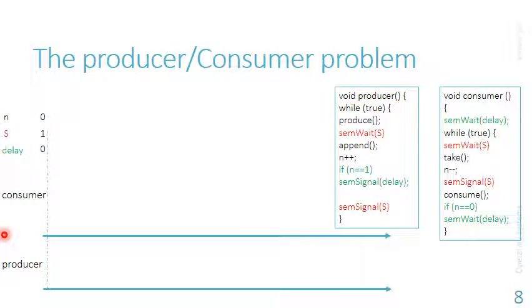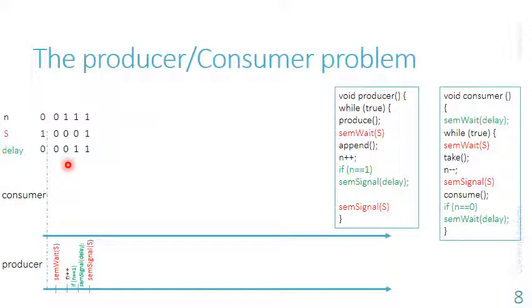Let's make the producer go first, because anyway the consumer will be blocked if it attempts to go first. So the producer went first and attempted to take the semaphore S, which was available, so it got it.